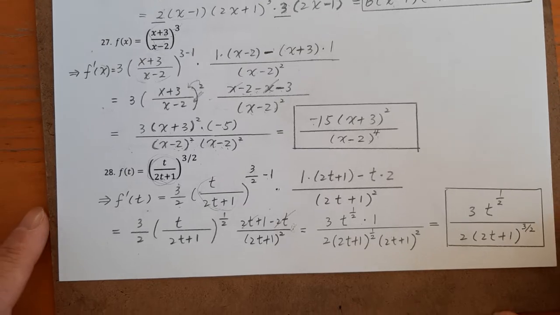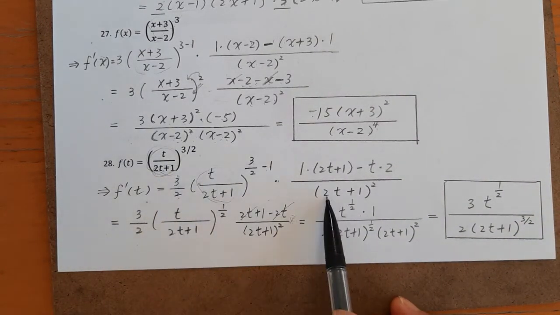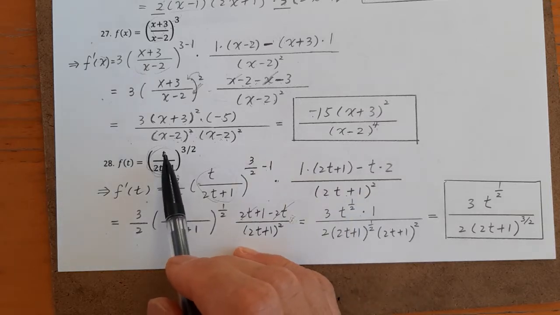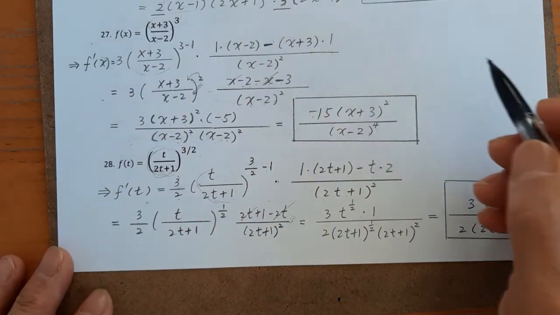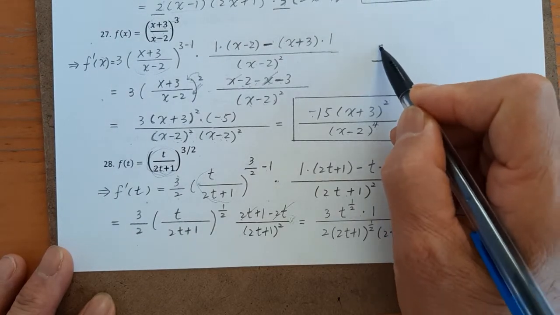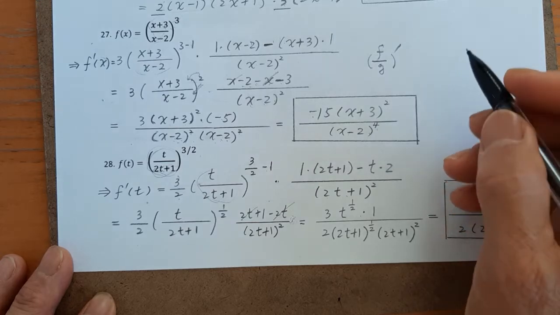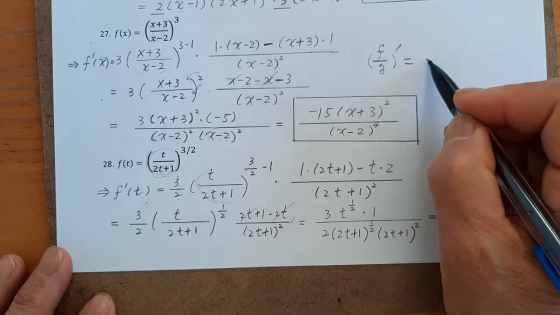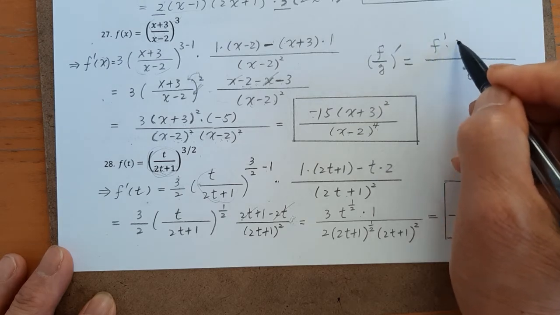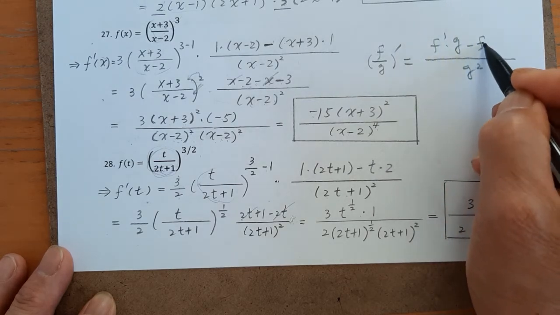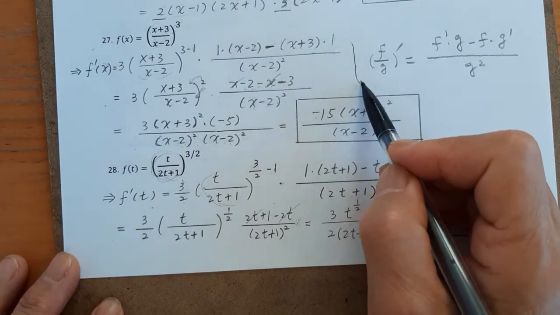Since it is a quotient, use quotient rule. I write down the quotient rule: f over g prime equals f prime times g minus f times g prime, over g squared. Quotient rule.